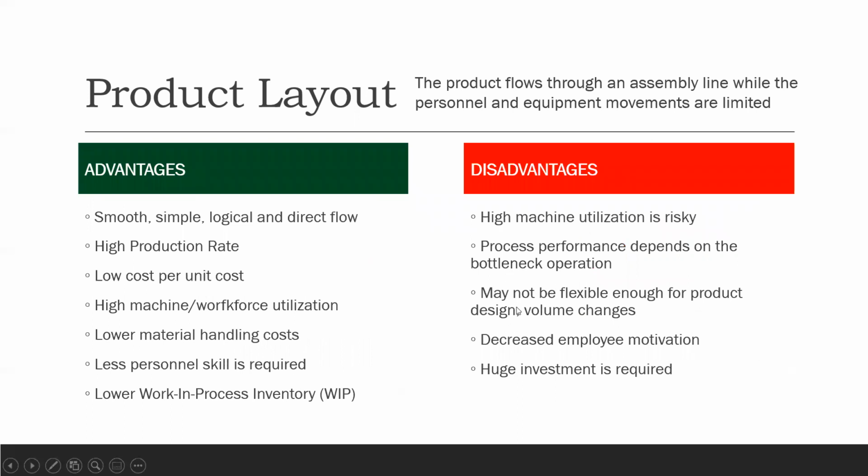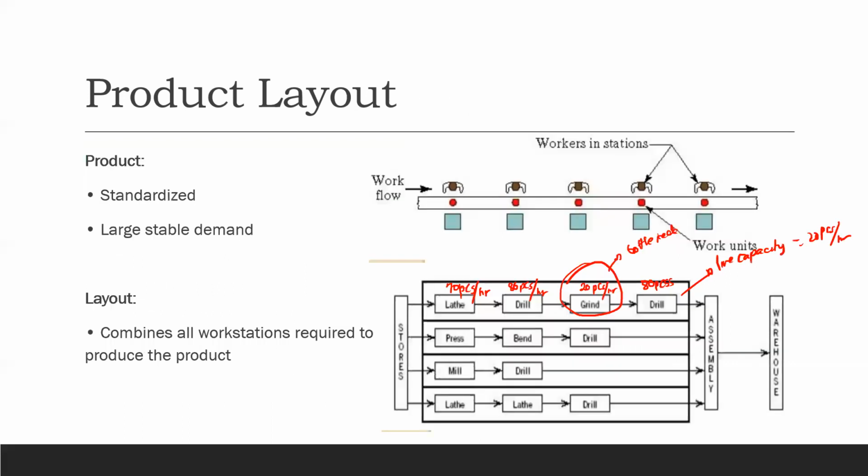Okay? And also, it may not be flexible enough for a new product design or any volume changes. Halimbawa, pag bumaba yung demand ng product natin, di ba? So as a result, mahirap. Hindi natin ma-utilize ng maayos yung machines.